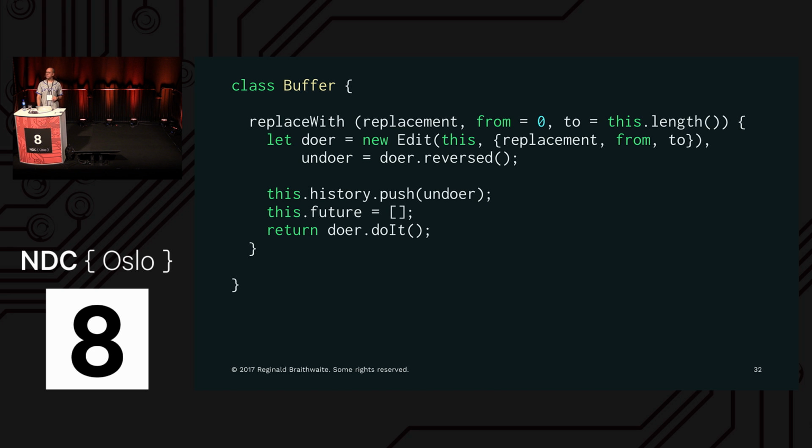And when you call replace with, it creates a doer. It asks the doer for the undoer. Notice the buffer itself does not know anything about how the reversal takes place. That's left up to the command itself. After all, maybe the command has to persist a copy online somewhere. The buffer shouldn't assume it knows exactly how to undo something. We push the undoer onto the history. And then, in this particular case, we invoke the doer and return it.